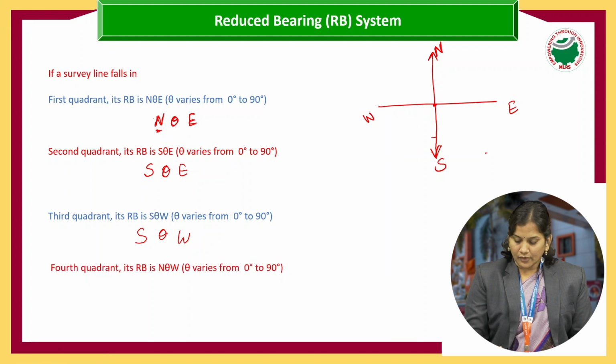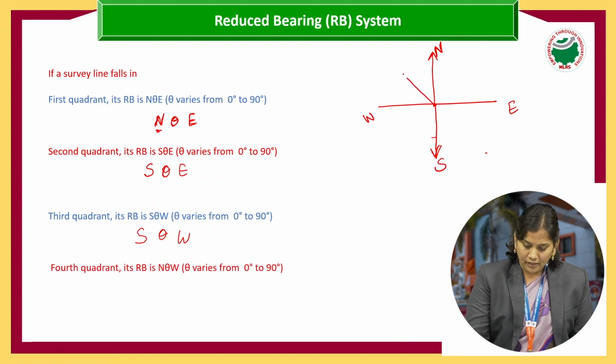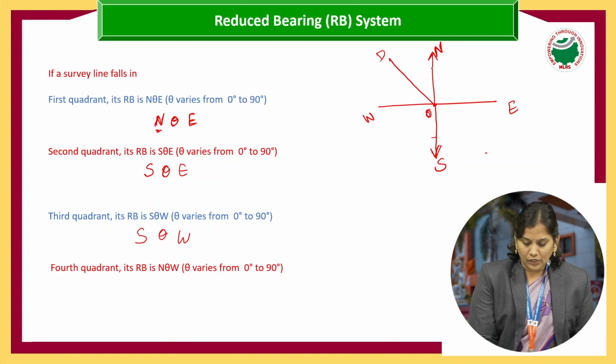Next, if our survey line lies in the fourth quadrant, I will name our survey line OD, and which is nearest? The nearest reference axis is north and we are measuring from north in the anti-clockwise direction.